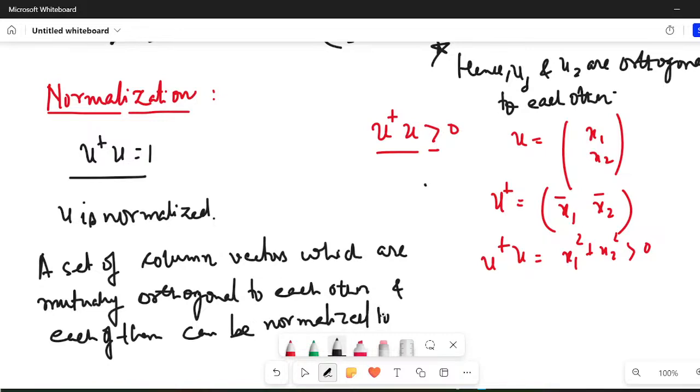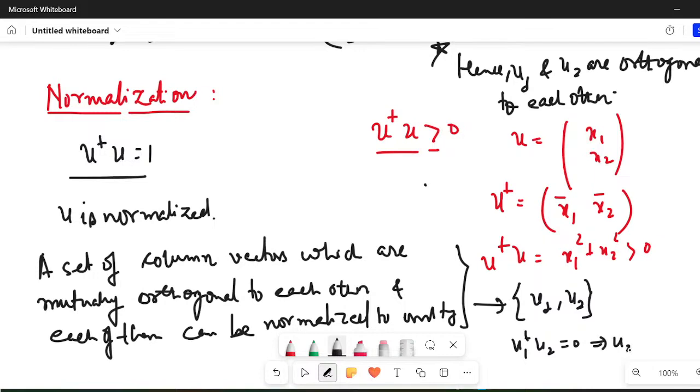Let's say u1 and u2 are such that if I do u1 dagger u2, it comes out 0. If I do u2 dagger u1, it comes out to be 0. If I do u1 dagger u1, it comes out as 1. And if I do u2 dagger u2, it comes out as 1.